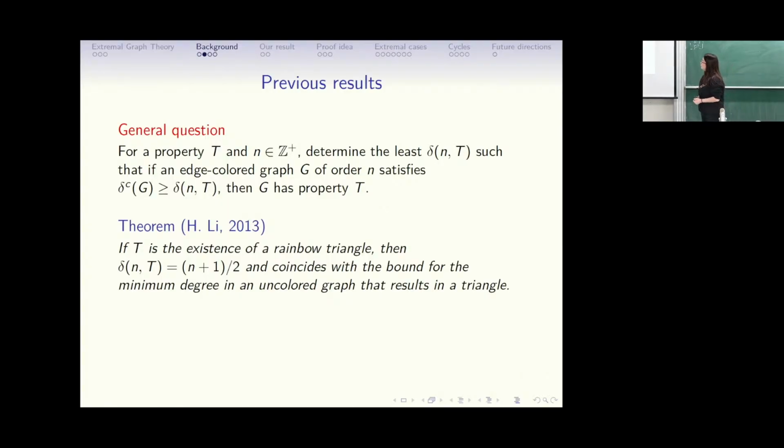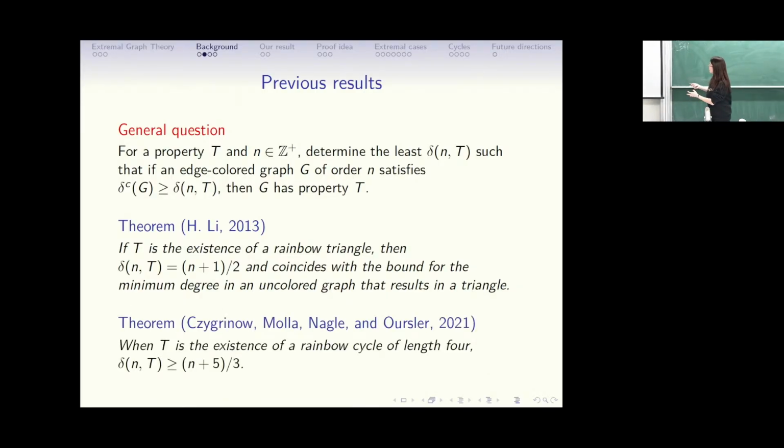For example, if the property is the existence of a rainbow triangle, then Li showed in 2013 that if delta is half of n plus 1, then there will be a rainbow triangle. And indeed, this coincides with Mantel's theorem.